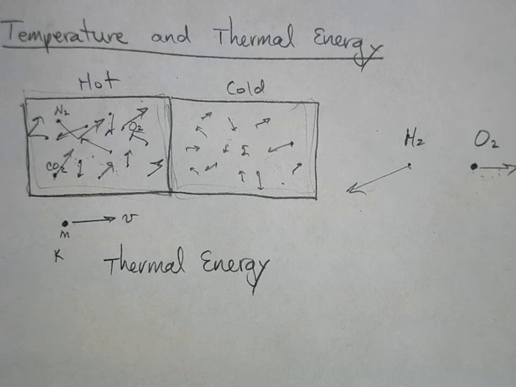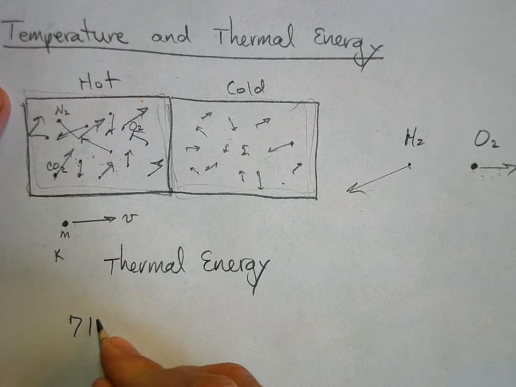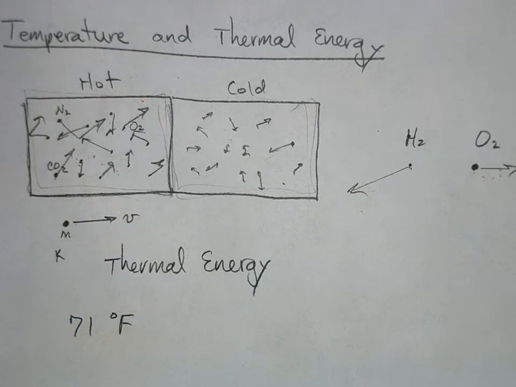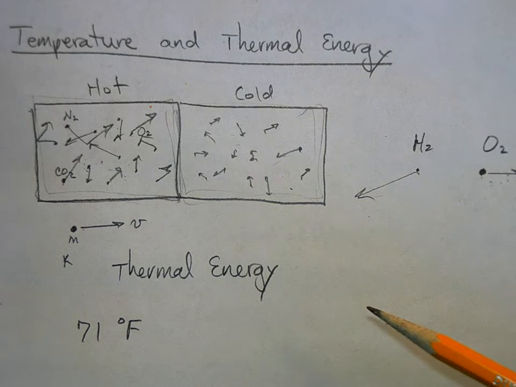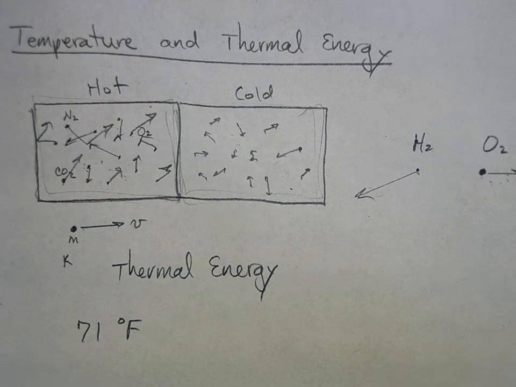Like right now, I can see the thing, it's 71 degrees Fahrenheit. Now, the way you get that is there's a thermometer in there, and it compares the average kinetic energy of the air molecules to some scale.